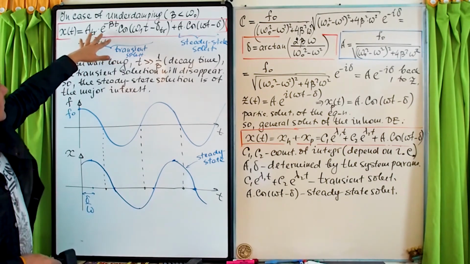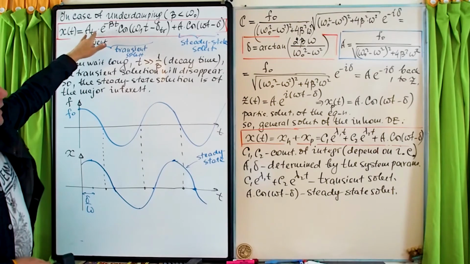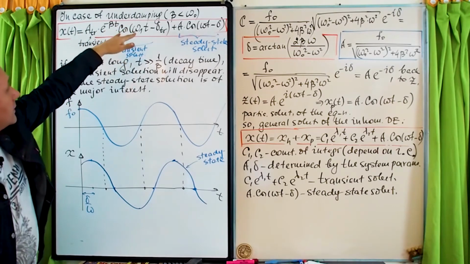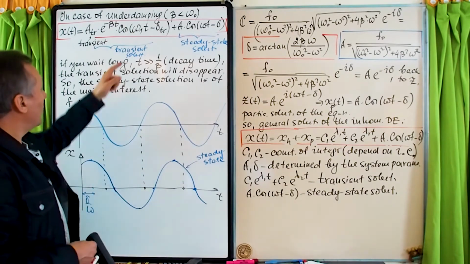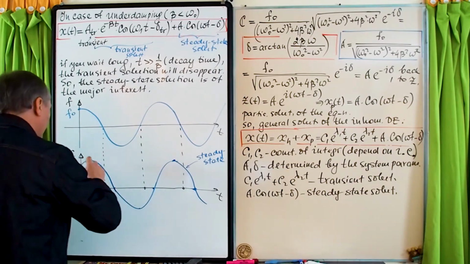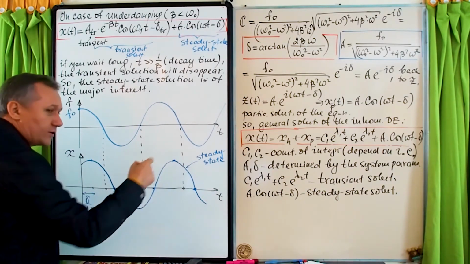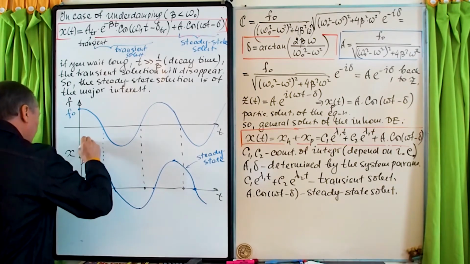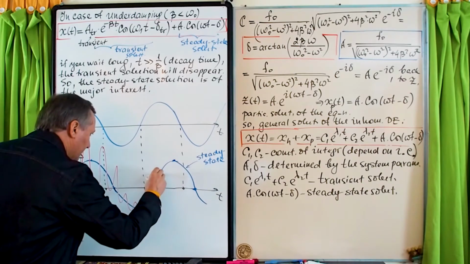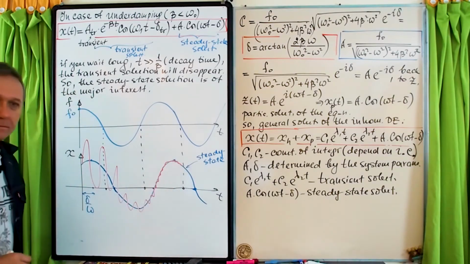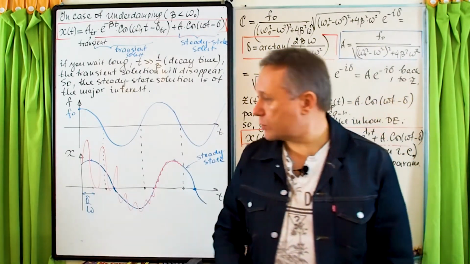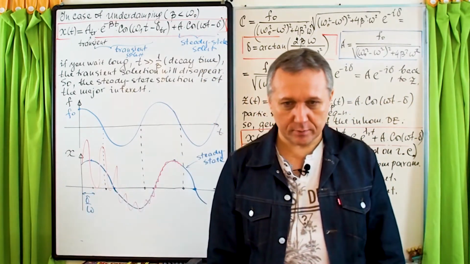The transient will have amplitude A, which goes down with time, and it oscillates with a different frequency. So on top of the steady state solution, maybe over a couple of cycles, we can observe our transient solution.